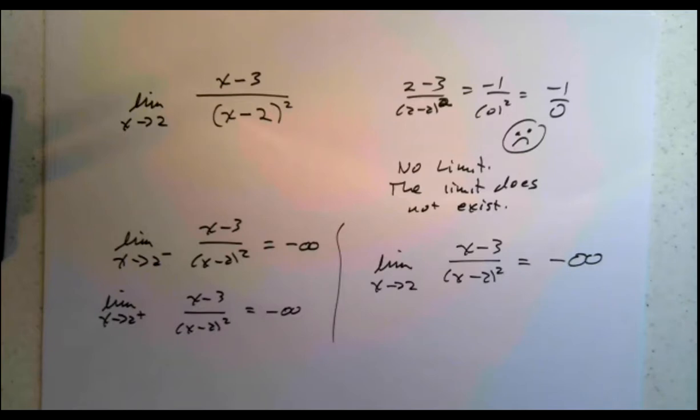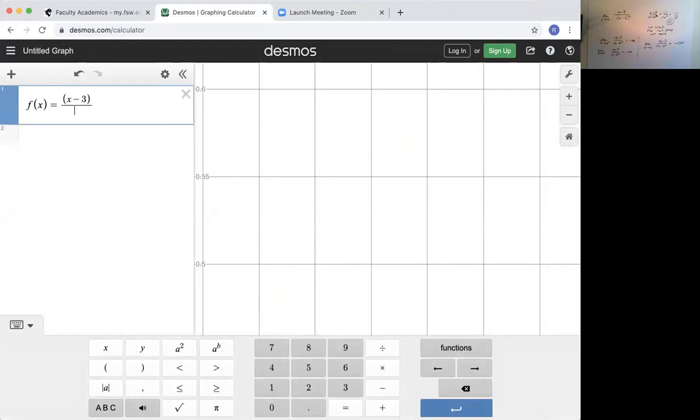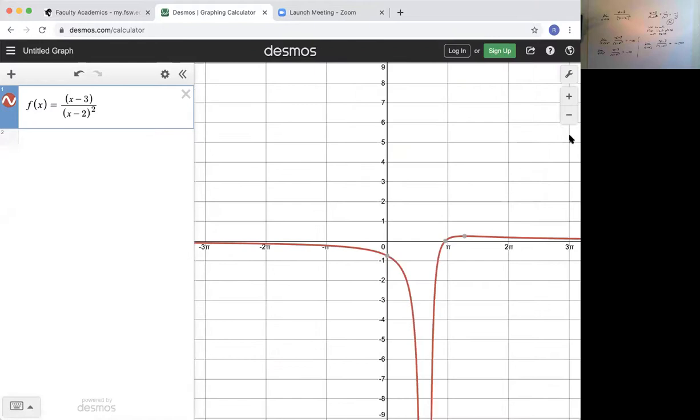And let's finish this up by just taking a quick look at Desmos. What does this graph look like? So if I have x minus 3 in parentheses on top, divided by x minus 2 squared, and we want to look at our standard zoom, it looks like that.